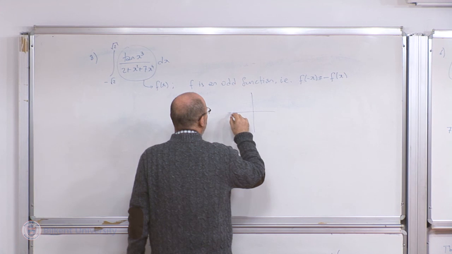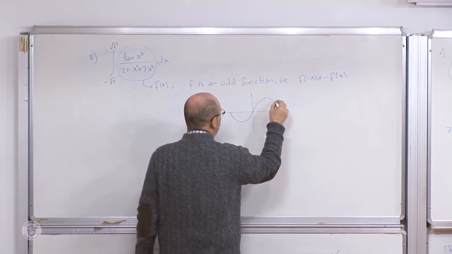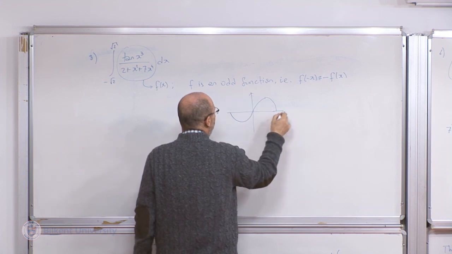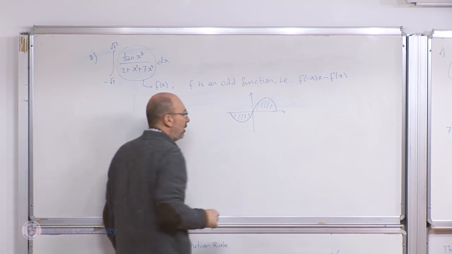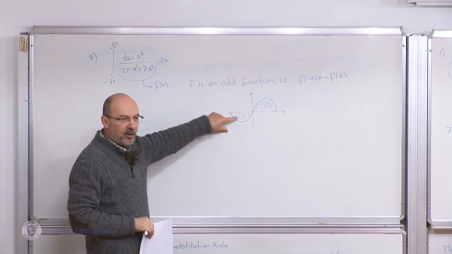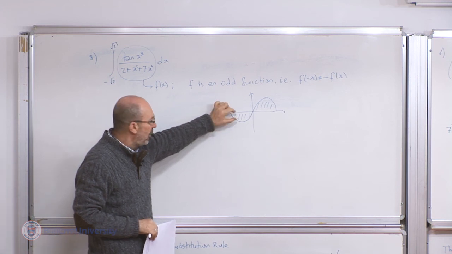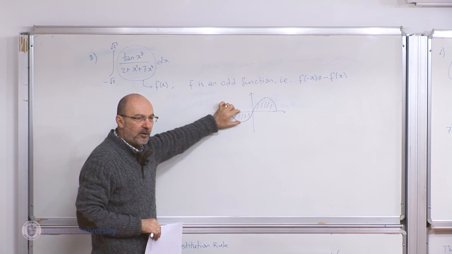Sine x is a typical example, so let me do this with sine x. The area here is the same as the area here, but integration gives this area as minus 1 times this area, because in integration, as height, you are taking the value of the function.